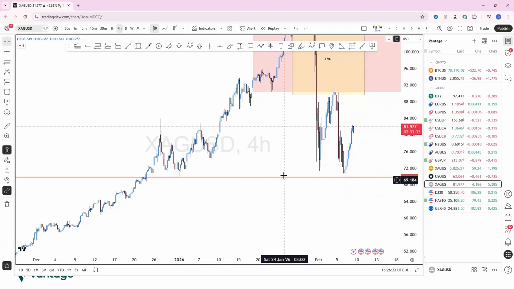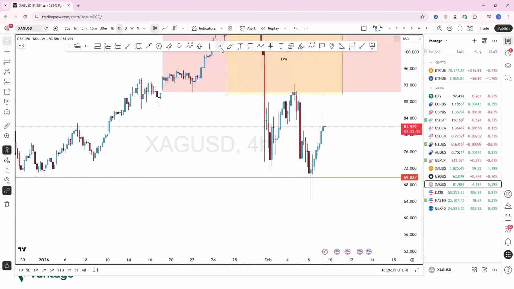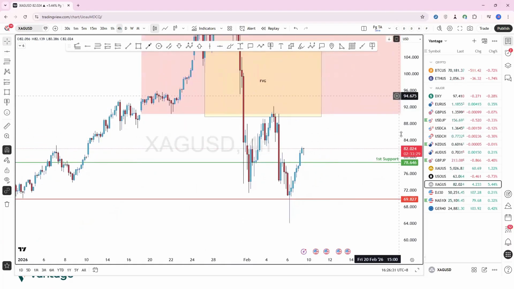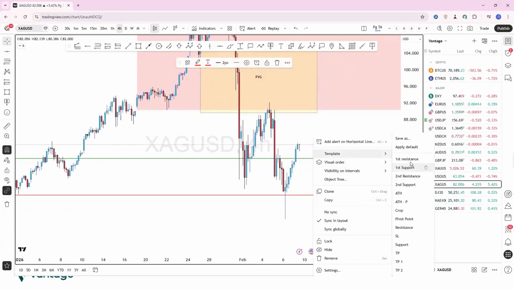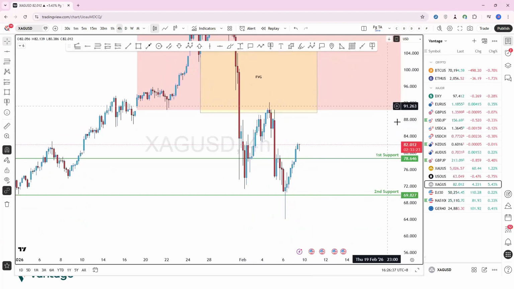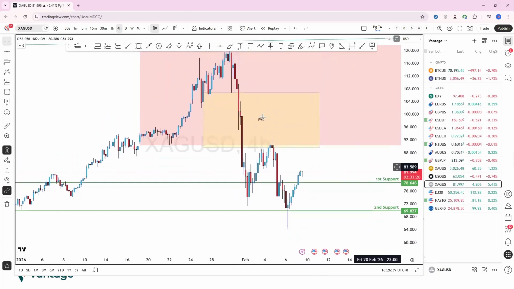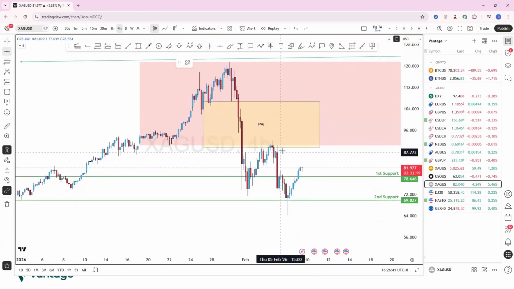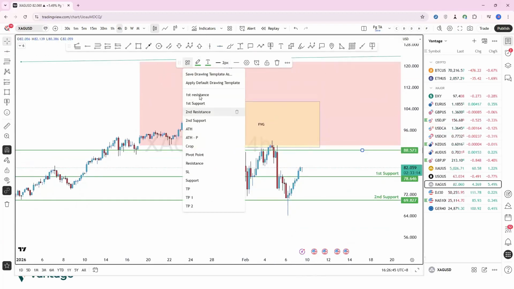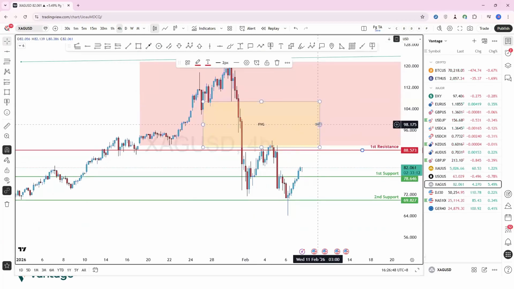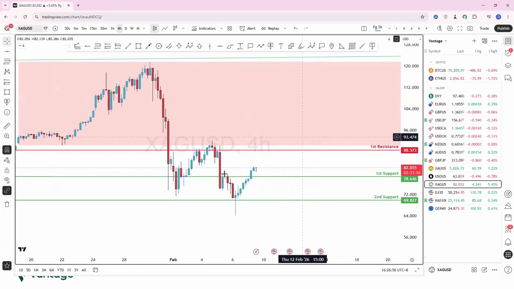This is a support level, but in H4 the support level is here. This is the second. This one is the first, but I'm going to draw the zones because I see a supply zone here.